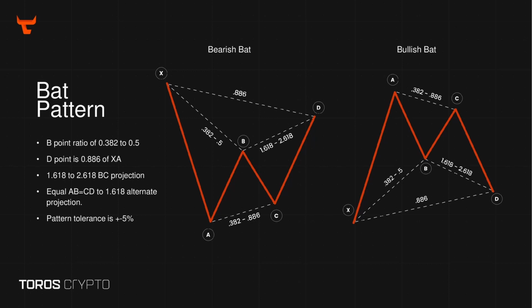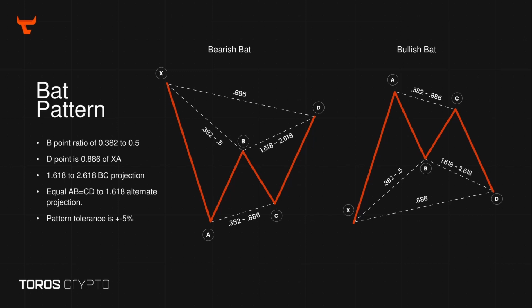If we have a look at the bearish bat, again you have an X to A leg before a retracement upwards. So that is between a 0.382 and a 0.5. I find with bats, most of them are between 0.4 and 0.5. I really like around the 0.5 area for the bat. It works out well a lot of the time. Anyway, then after the B point, you come back down into C because it is a bearish pattern.